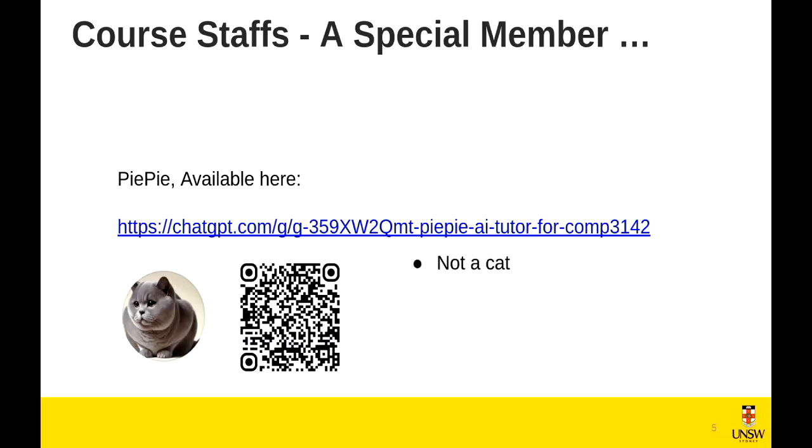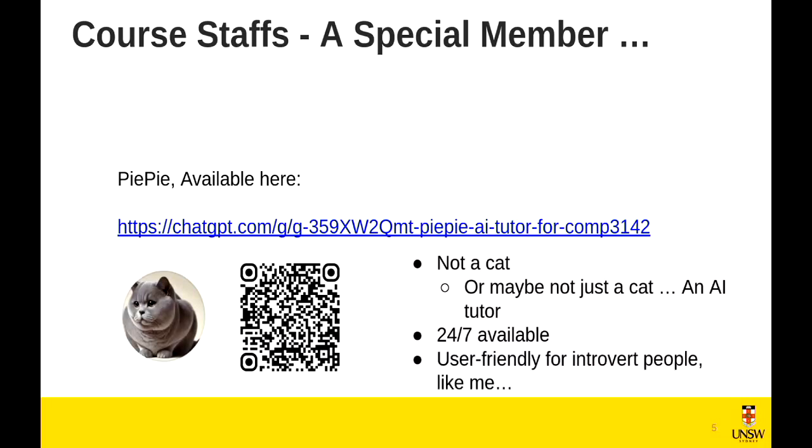It's not a cat, or maybe not just a cat. It's an AI tutor. The advantage of Pai is that it is always available as far as you have internet access, and it's very user friendly for introvert people like me.